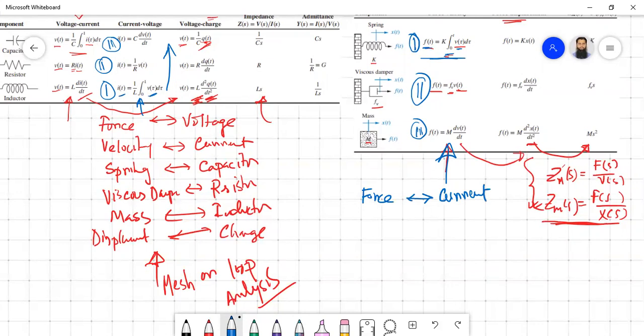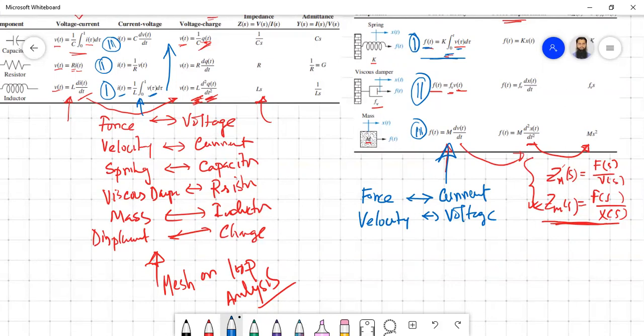Then second one, your velocity will be analogous to your voltage. Then the third one, displacement, also you can take.